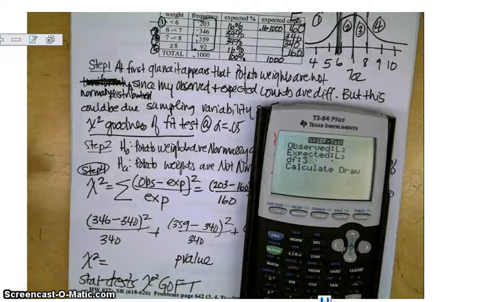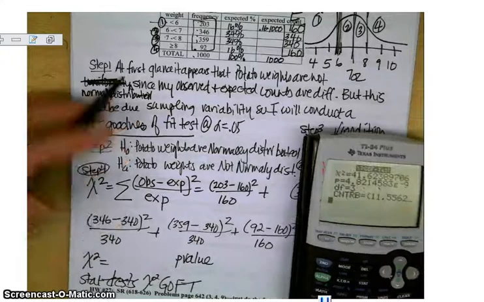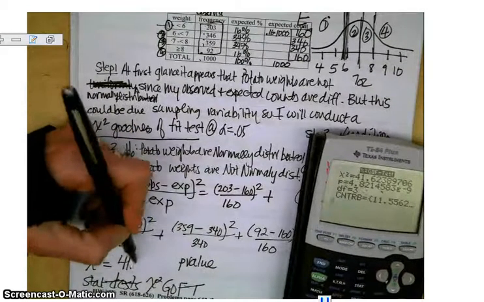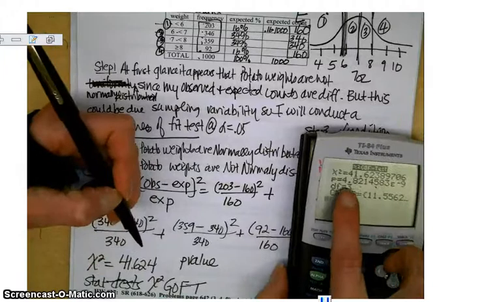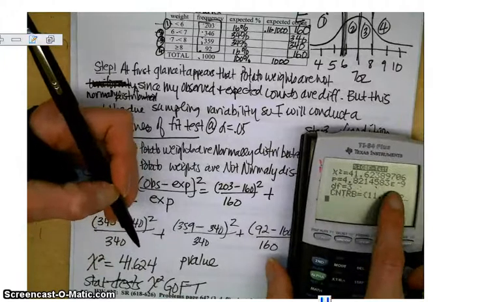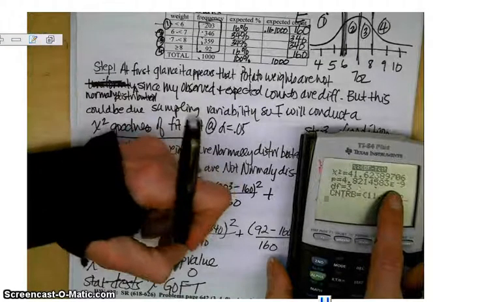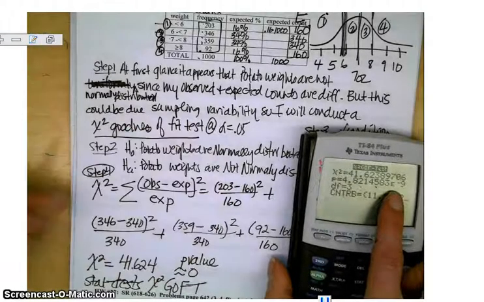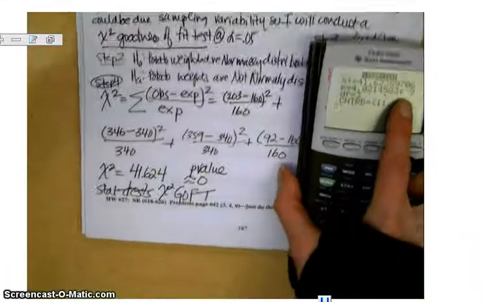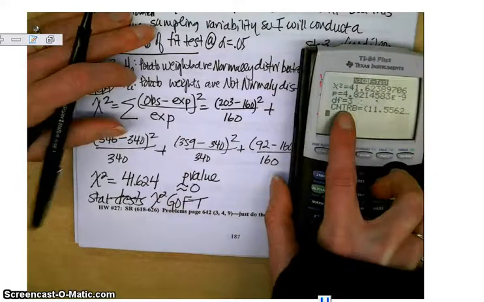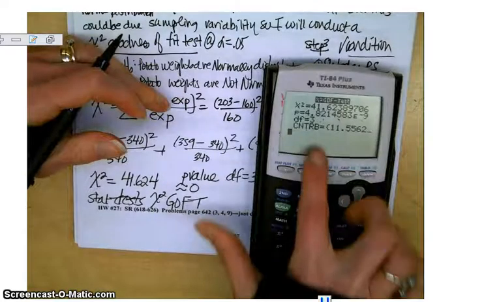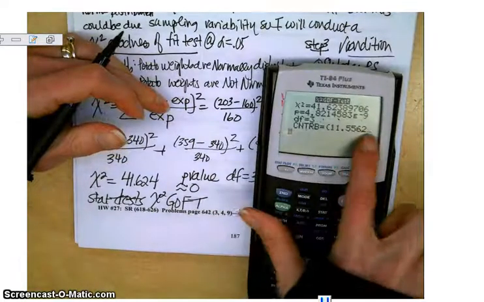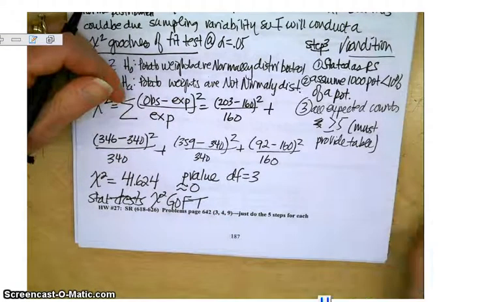Yep, categories minus 1. And then I'm going to calculate it. It tells me my chi-square value is 41.624. My p-value is 4.8 times 10 to the negative 9th. So my p-value is approximately 0. And then I need to write my degrees of freedom as 3, and don't worry about the part down here.